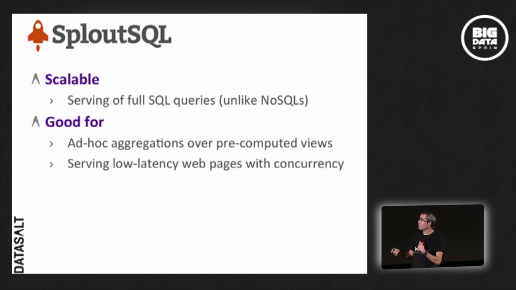It's very good for ad hoc aggregations over pre-computed views or over the sample data. So, once you have, for example, the day pre-aggregations, you can run the week aggregation online. And it's very good at serving that in a small amount of time, in milliseconds, because you can make use of indexing and also of partitioning, so you can scale.